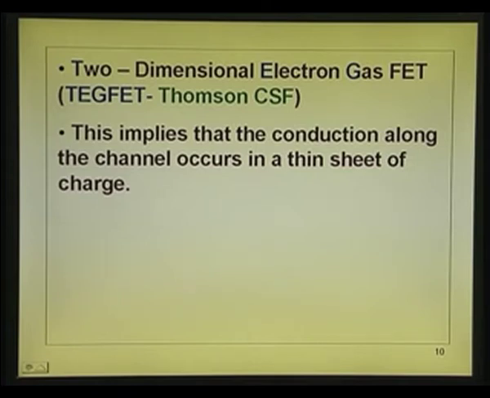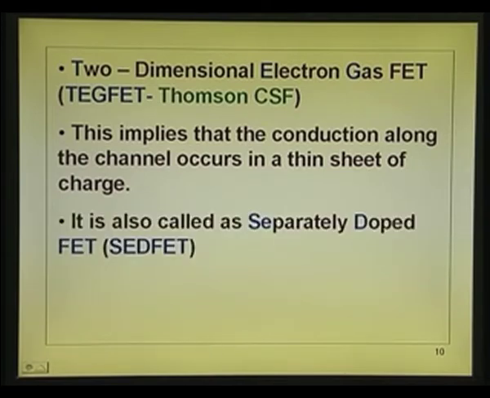Okay. Though I would like to say that it is a heterostructure device, you do not consider it that way, because the oxide is amorphous, it is not single crystal. So, that is a TEG FET, two dimensional gas. Then I see that recently some people also call it as SED FET, selectively doped field effect transistor, same meaning as MODFET.